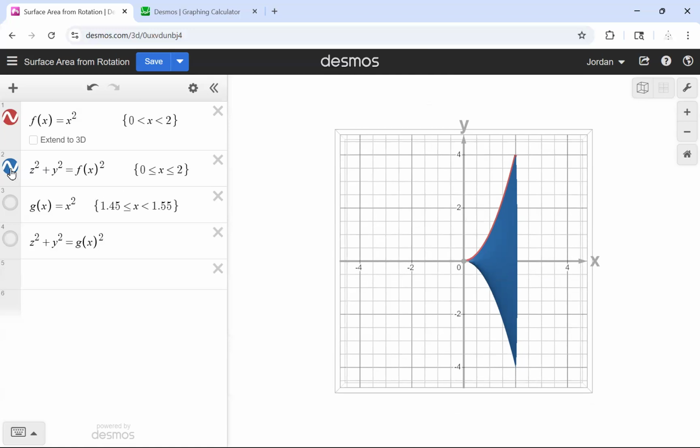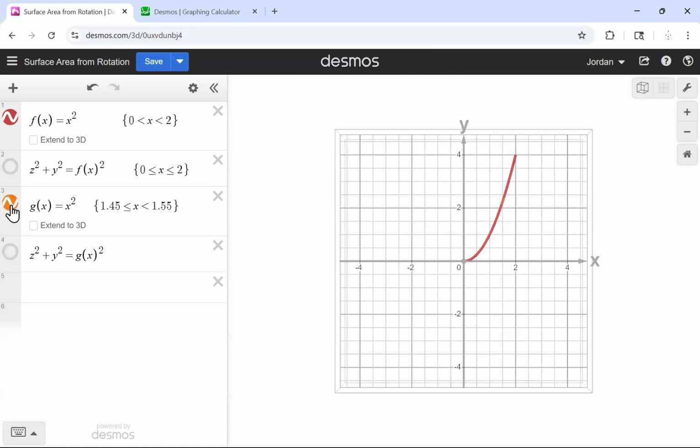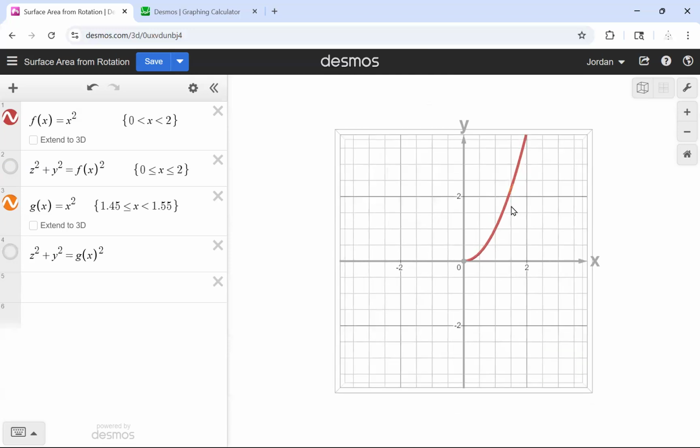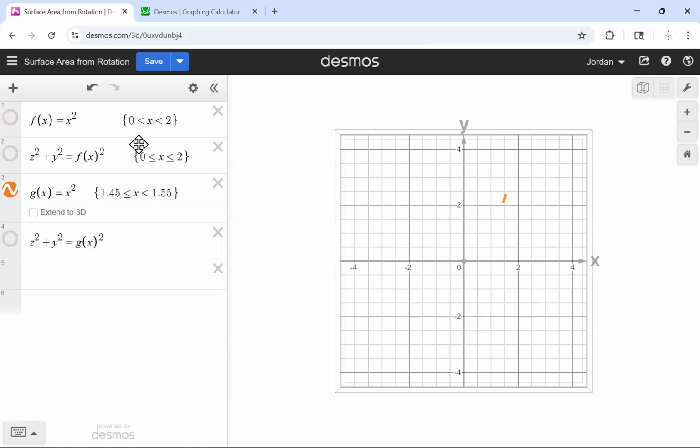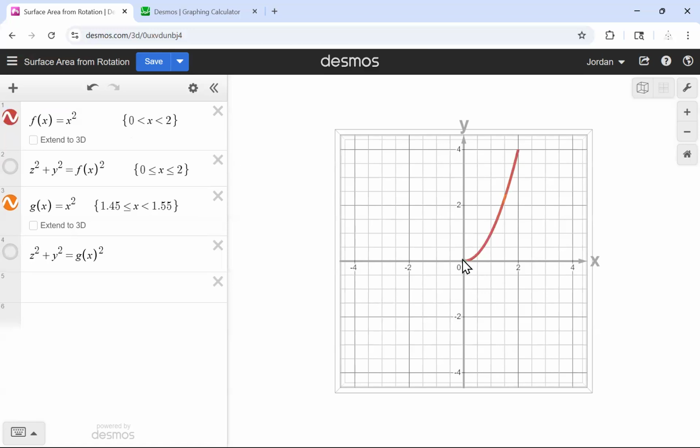When we do this, what we're going to do in order to actually find the surface area is we're going to take little chunks of my y equals x squared, little chunk pieces, and we're going to take those line sections that we had before.